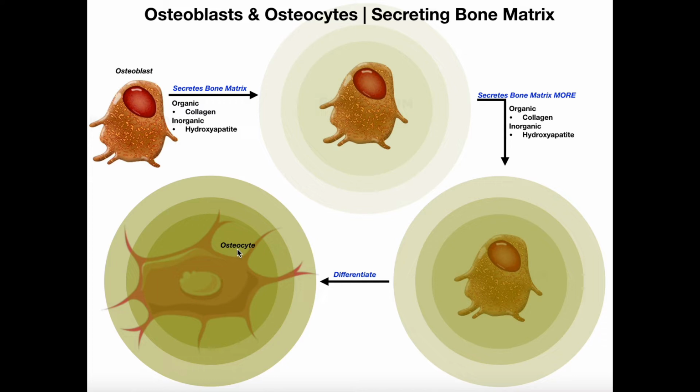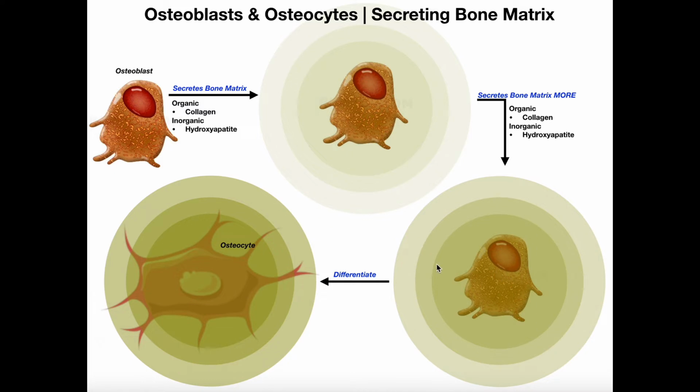This new cell is called an osteocyte, and the osteocyte is going to function in simply maintaining the bone tissue. The osteocyte no longer is going to really function in synthesizing collagen or synthesizing hydroxyapatite. This cell is going to maintain the bone tissue, and this is going to be the resident cell of something called a lacuna. And so basically what's happening with the osteoblast is it sort of gets trapped in its own secretion.